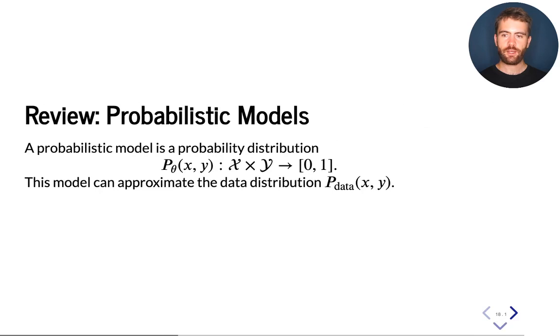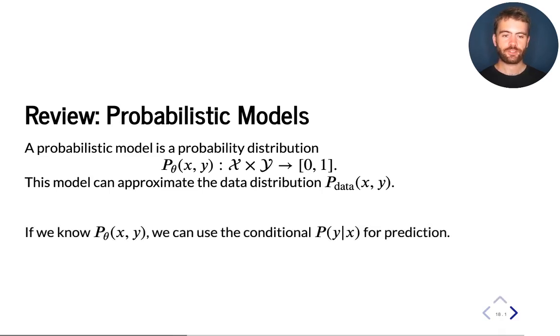Since we assume that data is coming from a probability distribution, it makes sense also to define our machine learning models as probability distributions. And we can try to fit these kinds of models and make them similar to the data distribution.